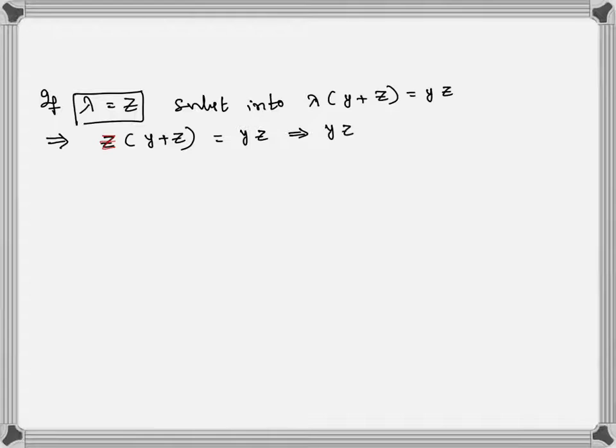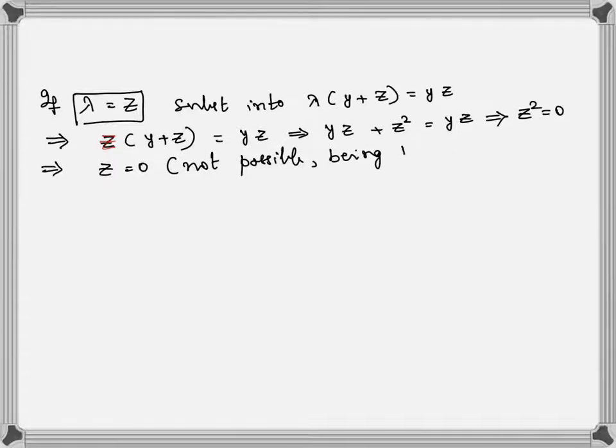This would mean z square equal to 0, since yz will cancel out. So z equal to 0, which is false because z is one of the dimensions of the box. So a dimension cannot be 0, and we have to disregard this possibility. So x equal to y is the only option here.